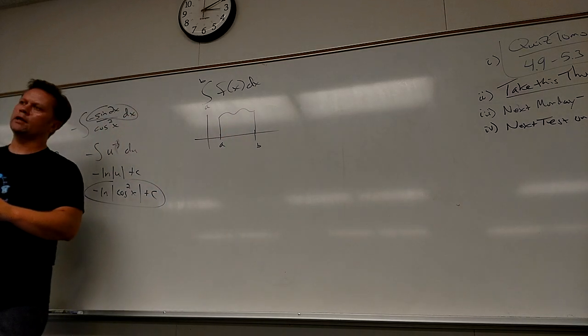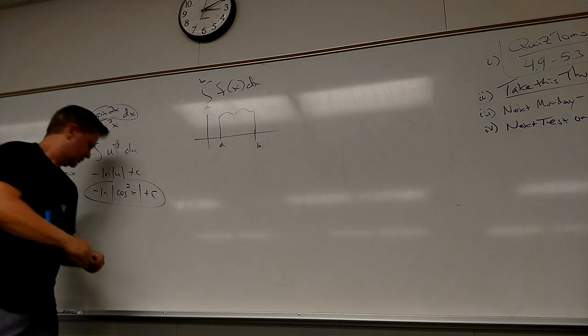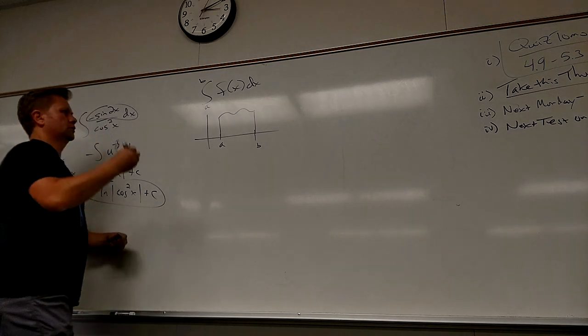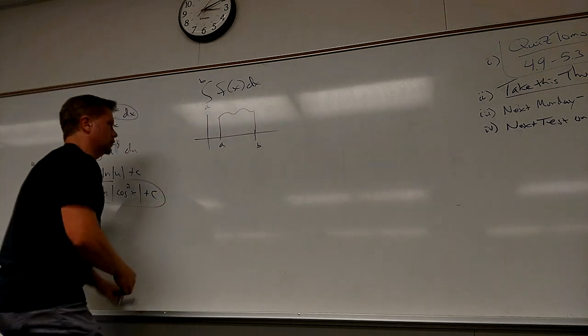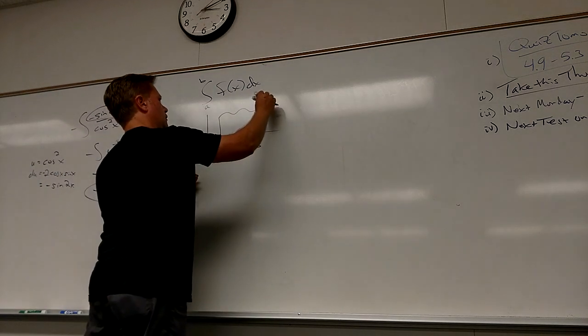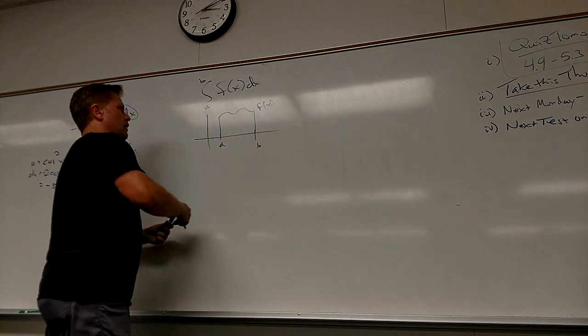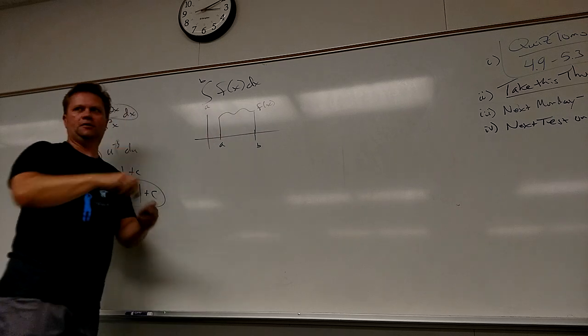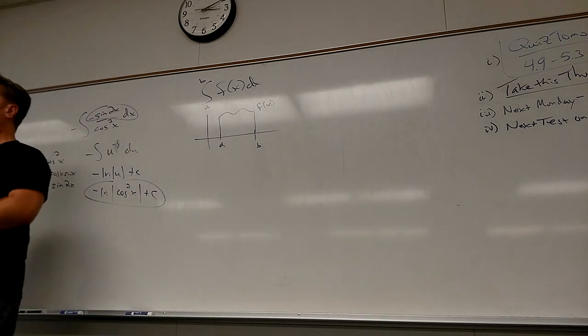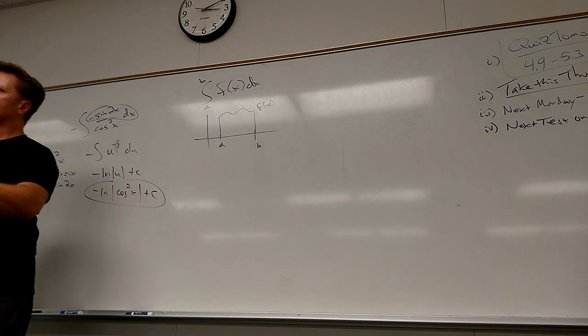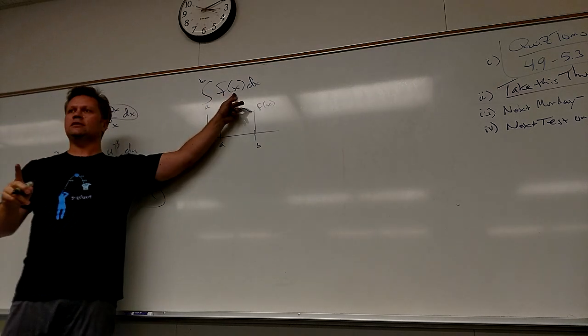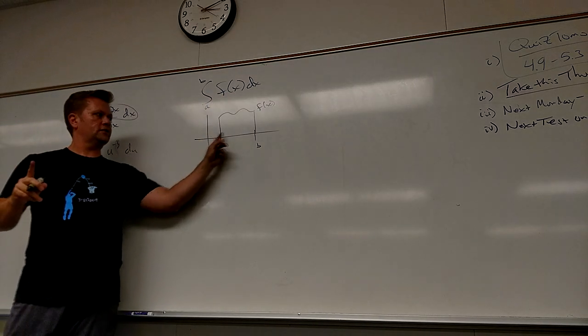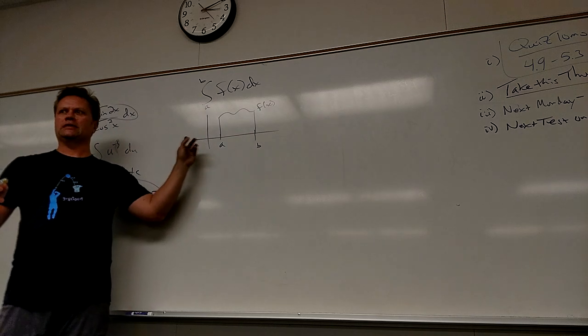Okay, so now let's say that what I really want to do is, let's say this is my f of x here. This is f of x. And what I really want to do is find the area between that function and another function. Now, to be really honest, that's exactly what this is. Because what function is the x-axis?